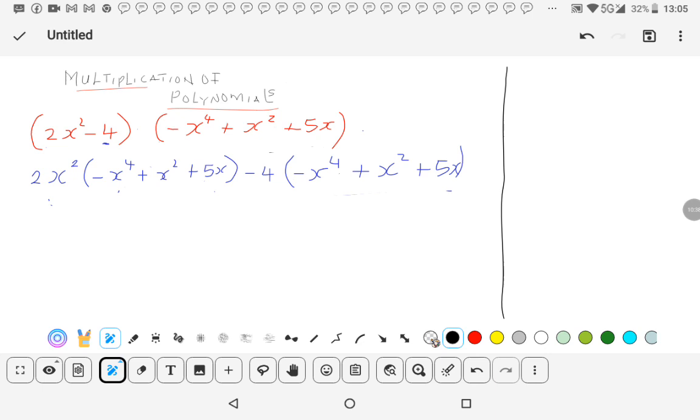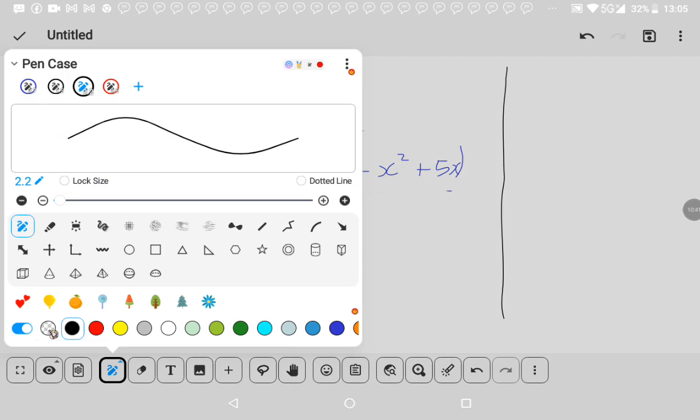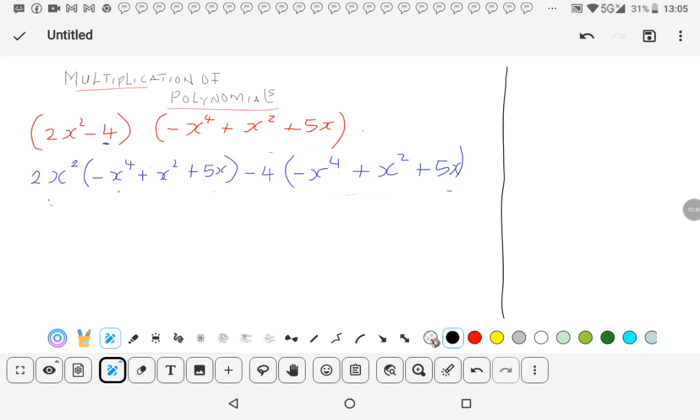You have 2x raised to the power of 2 times minus x raised to the power of 4. So you know minus x raised to the power of 4 is the same thing as 1x raised to the power of 4. So by the time you multiply it, 2 times 1 will still give you 2. Then you now add the powers.